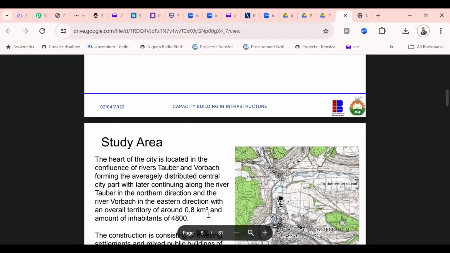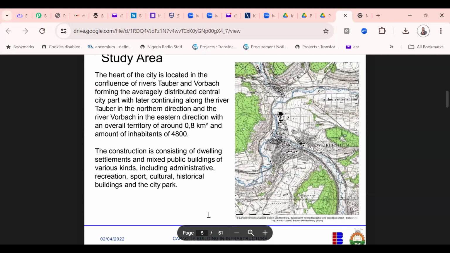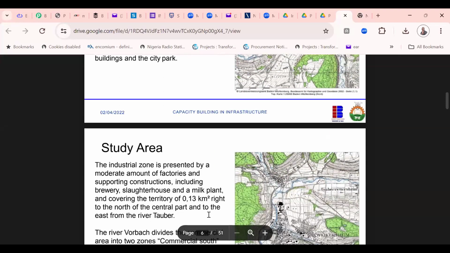Then after that, you study the area, you describe the study area, you tell all the stories, you explain, you know, sometimes as consultants, just to fill up the books, right? You describe how the place is suitable or how it's not suitable.